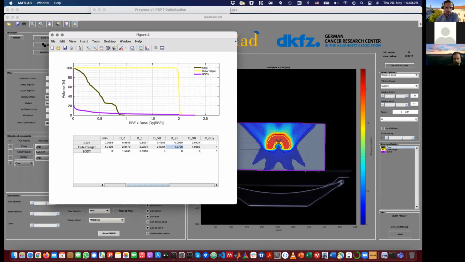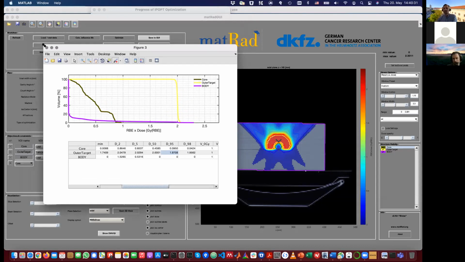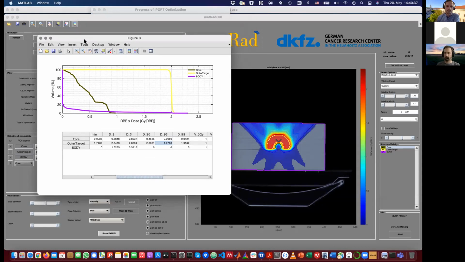And now it's up to the treatment planner. If, based on your experience and some guidelines, this dose is too high, then you would have to put a higher constraint or a higher penalty on the core objective to further push this line down the 0.5 dose, for instance.